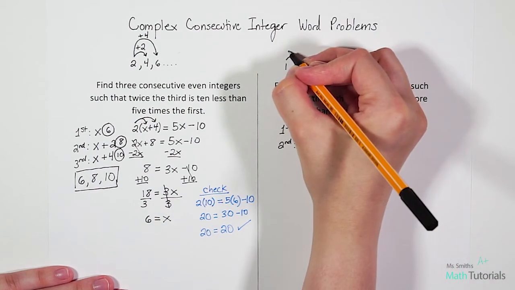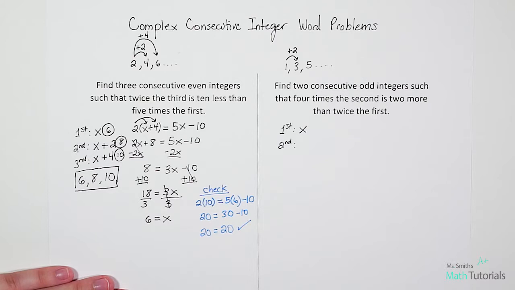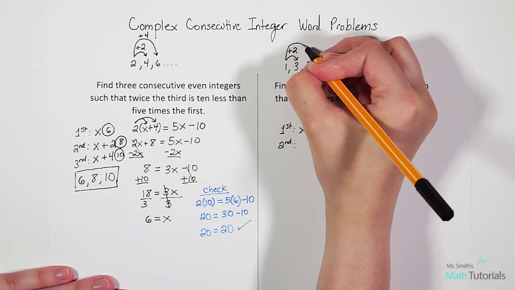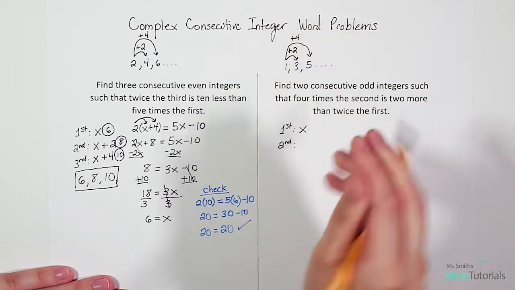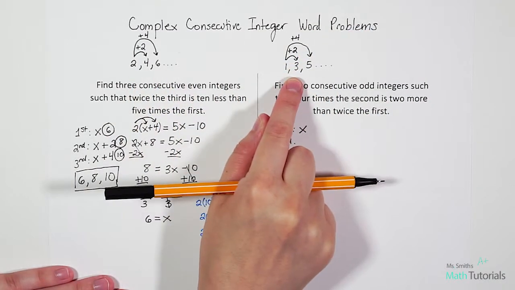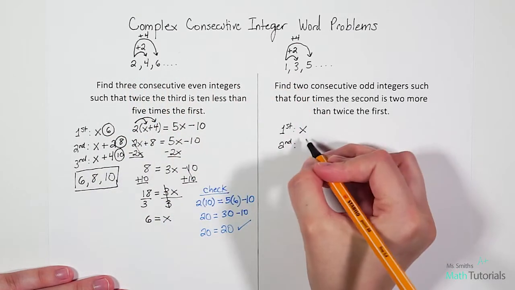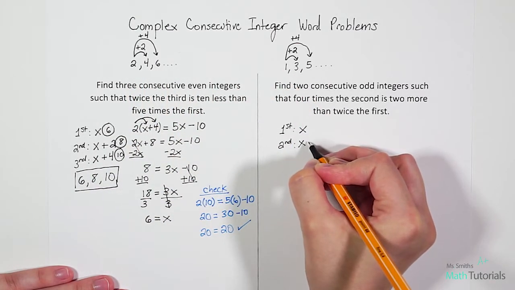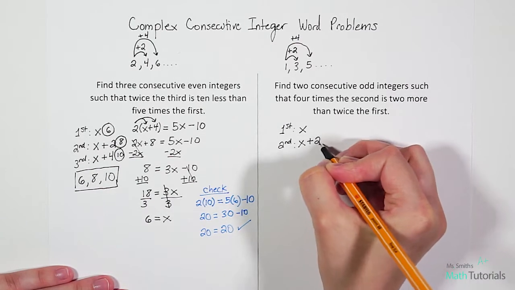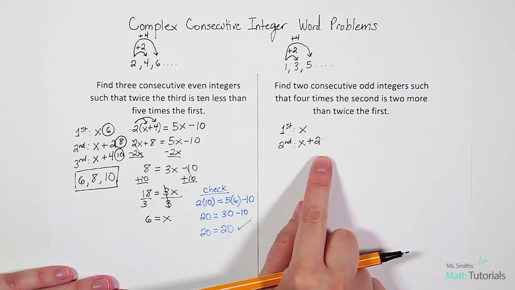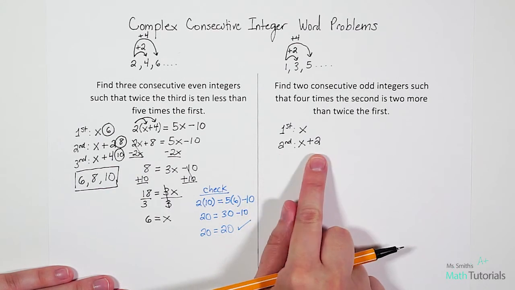Well, we would have to add, just like the even numbers, 2. And then what about from 1 to 5? Well, then we'd have to add 4. So notice the pattern here, even though these are even and these are odd, is the same. If they're consecutive even or consecutive odd, the pattern will always be x plus 2. And then if we had more, we could say x plus 4 and then x plus 6. Now in this case, we only have 2 numbers, so we're going to stop here.